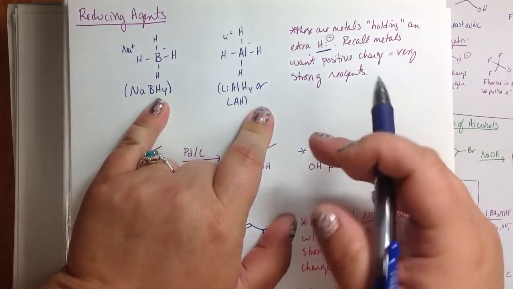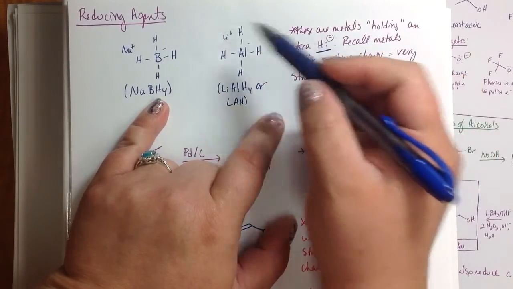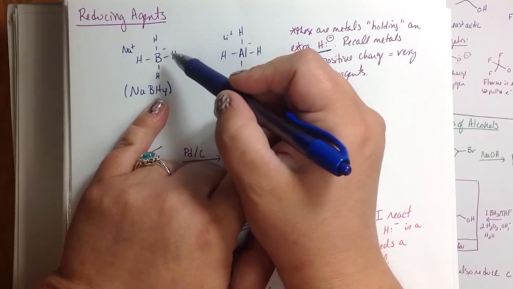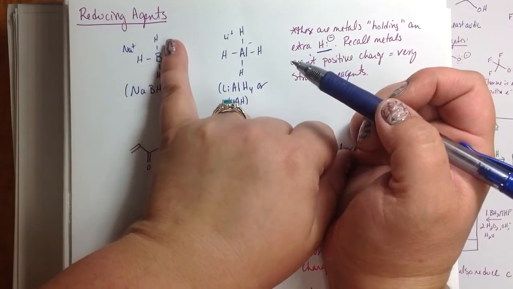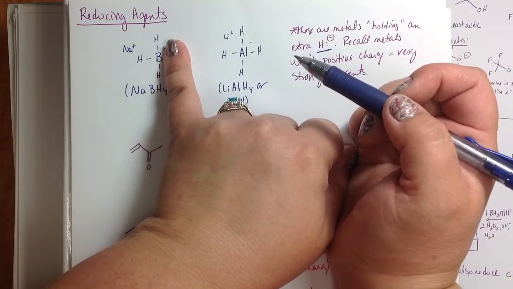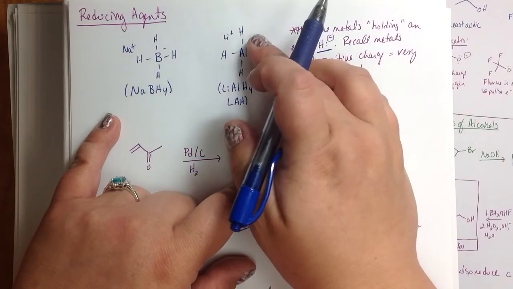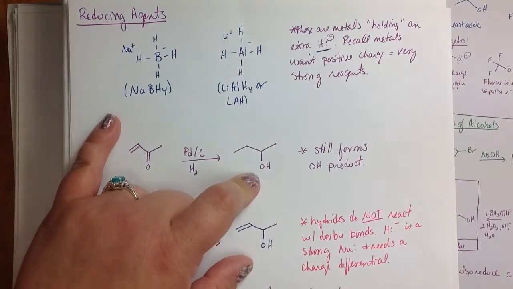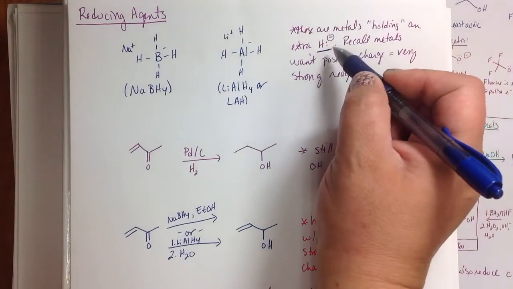Well, it makes sense that this would want to be expelled from either of these, because basically you've got a negative charge on a metalloid and a metal. And so once that happens, wow, BH3 is a lot more stable, isn't it? And aluminum doesn't want this negative charge, so it wants to get rid of that pretty quickly. So basically these guys are getting rid of H minus.